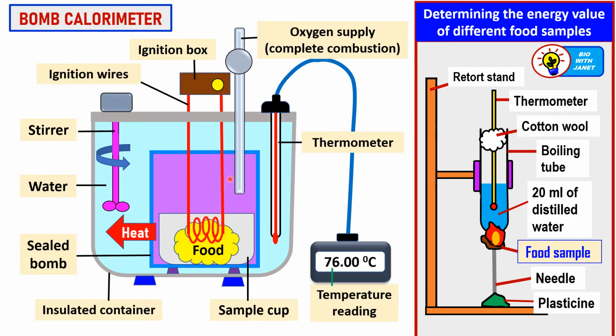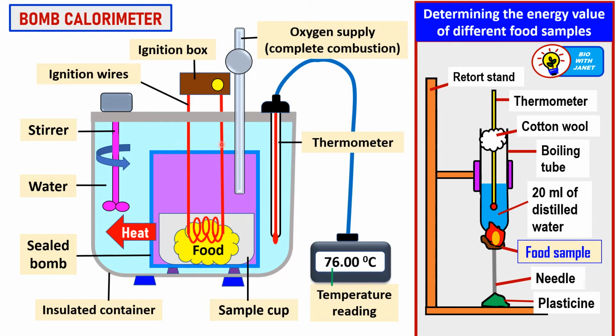And then to ensure that there is complete combustion of the food, oxygen is added into the container, so that the food will be burnt completely to release the maximum amount of heat energy into the water that surrounds the bomb.